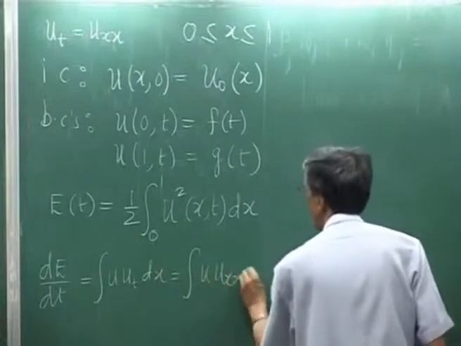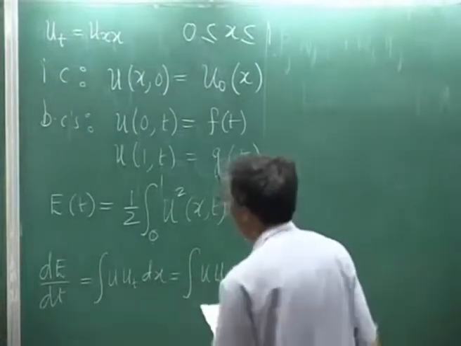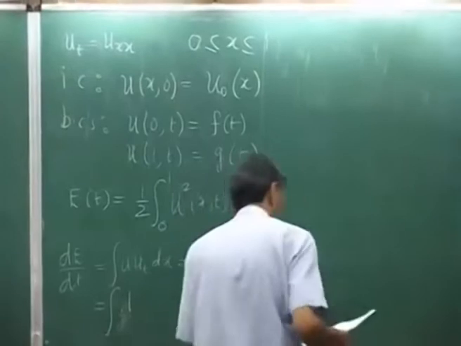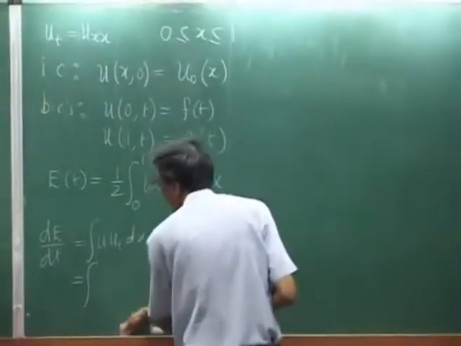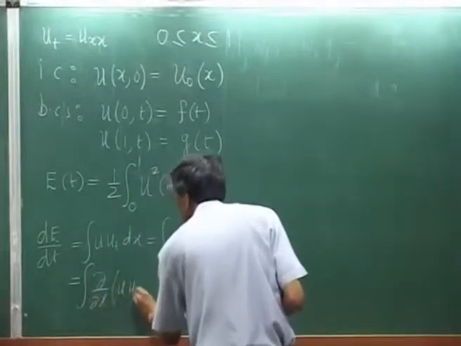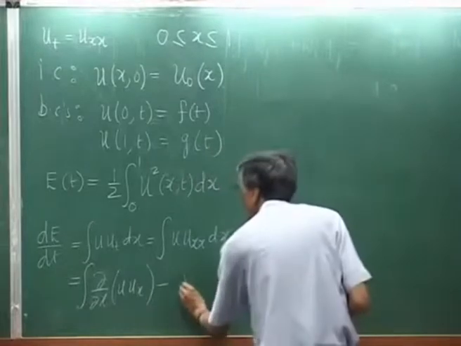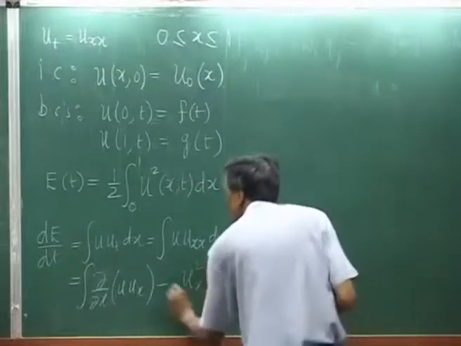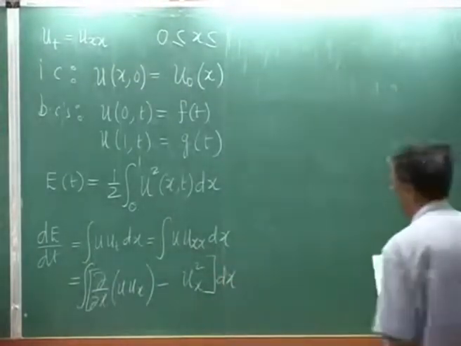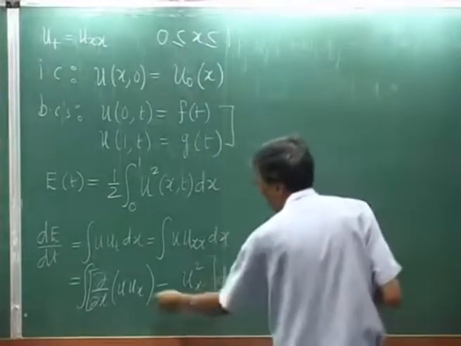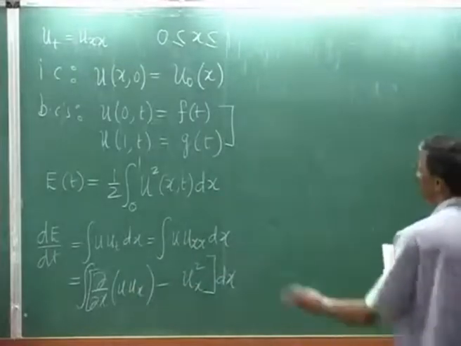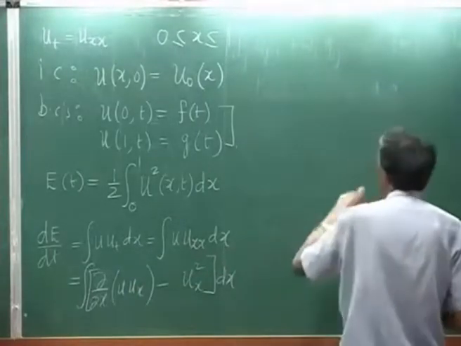So we reached up to there, and then we also wrote it down as a partial of u ux minus the integral of ux square dx, right. Now, with the help of these two boundary conditions, the first part could be exactly integrated and the value substituted there.